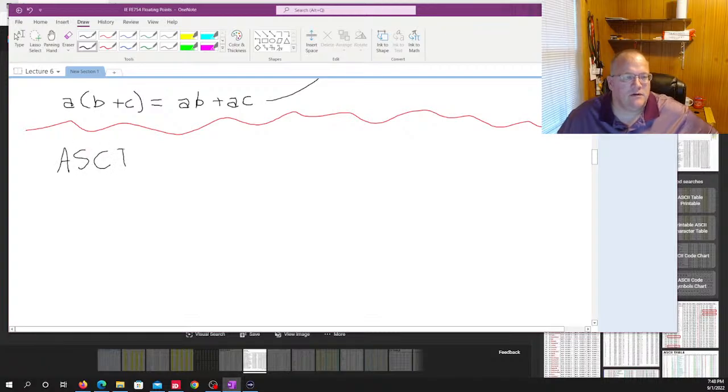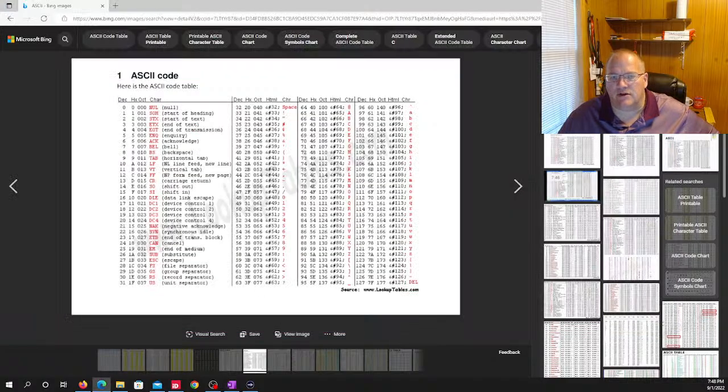ASCII. Now, one of the reasons why ASCII was really important is in the early days of the computers, where were they being developed? Where were they primarily being developed? That was in the United States and in England, and those are the two main places.